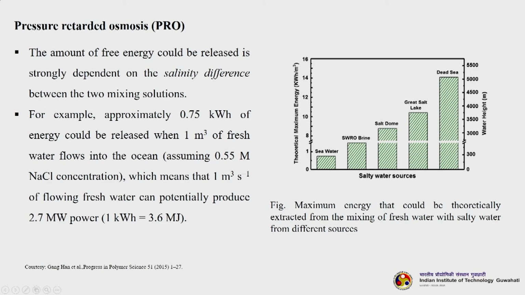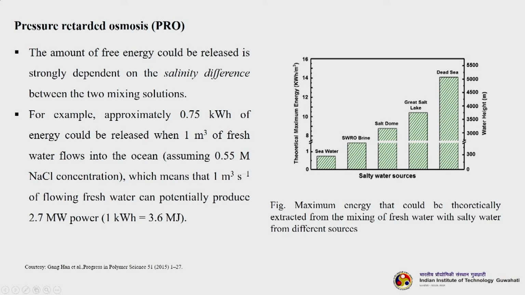So, you can see in this particular scheme figure that the amount of free energy that could be released is strongly dependent on the salinity difference between the two mixing solutions. So, what is the concentration of the salt inside the seawater or the concentrated solution, and what is the salt concentration in the fresh water.